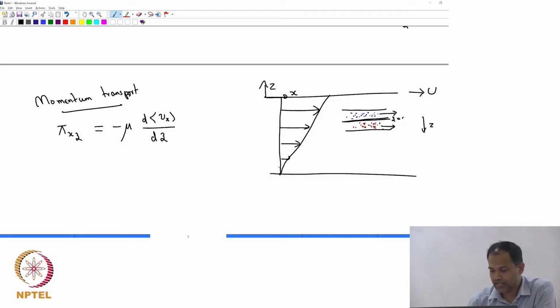Vx is increasing in the positive z direction, but momentum is getting transported in the minus z direction. You have to recognize that fact, and when you do, you say that the momentum getting transported is proportional to the gradient in the velocity, and it will be in the negative direction of the gradient in velocity. So, that is why momentum transport is defined like this.